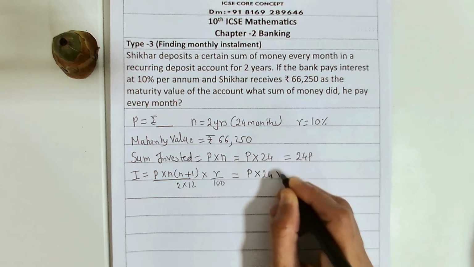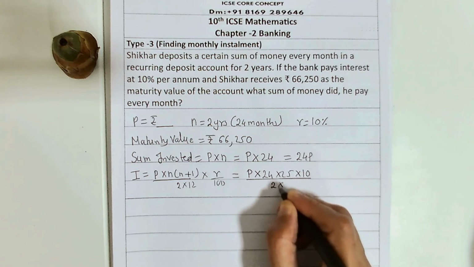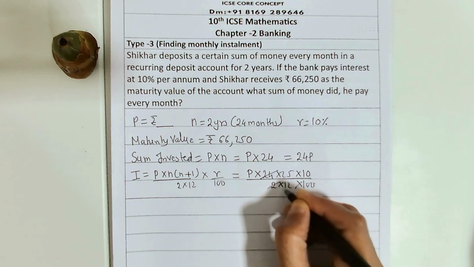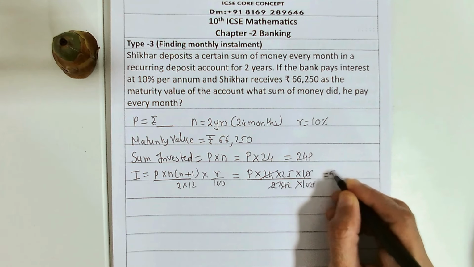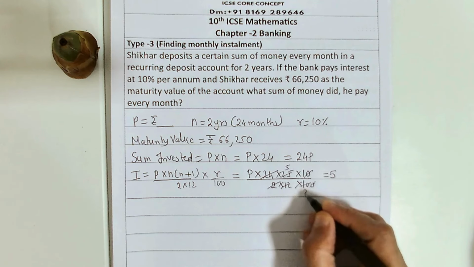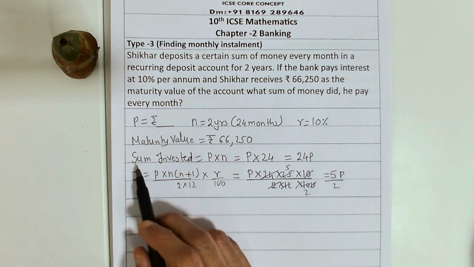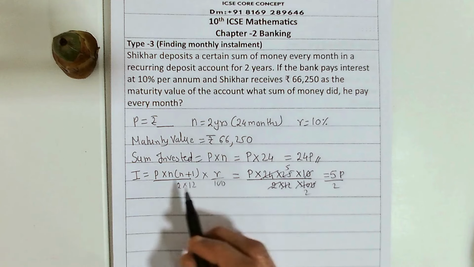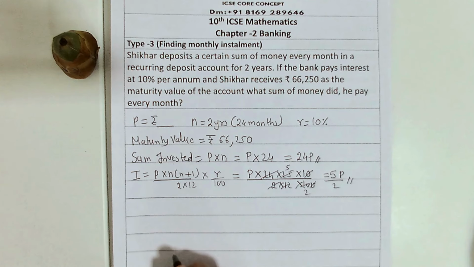So 24 into 25 into rate is 10 upon 2 into 12 into 100. Correct students? So here if we calculate this, it comes to 5P upon 2. If you have noted, we have calculated sum invested, which is incomplete because we don't know principal. We have calculated interest, which is also incomplete because we don't know principal.